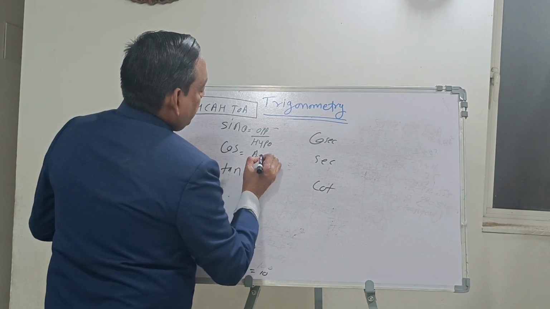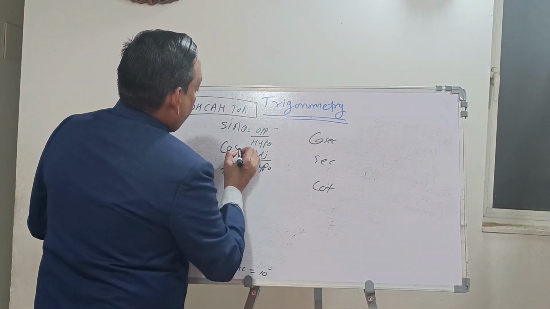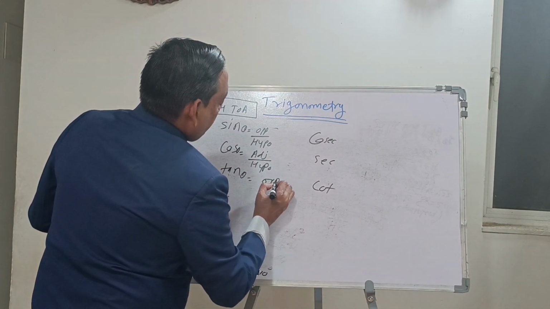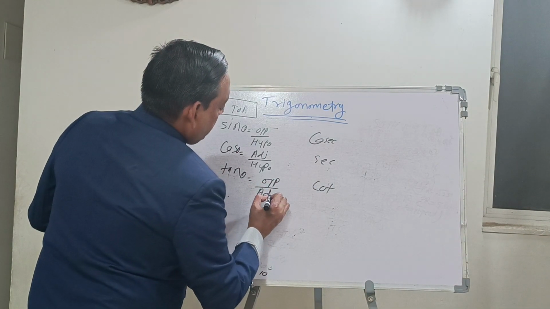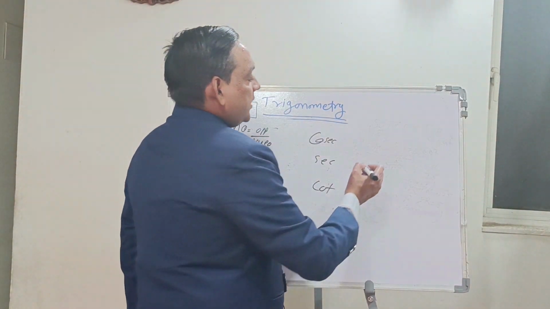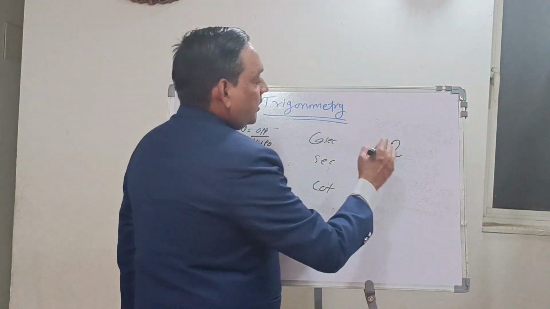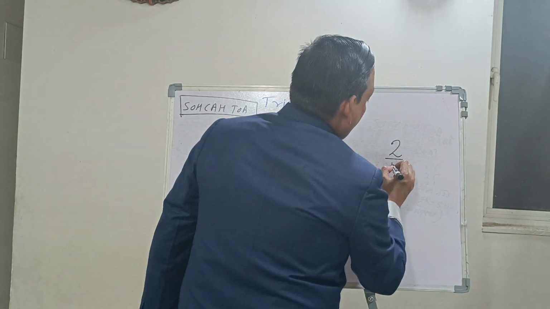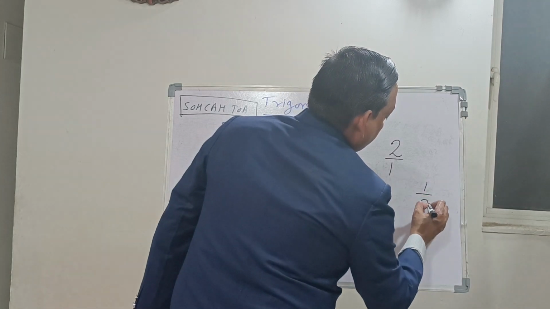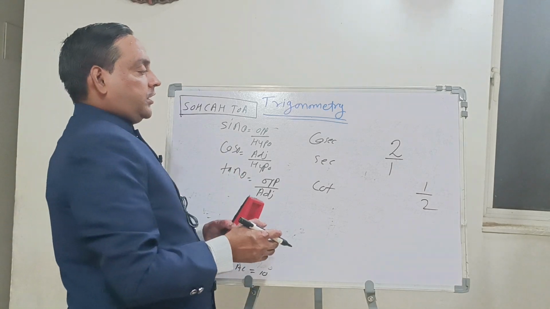Cos is adjacent over hypotenuse, and tan theta is equal to opposite over adjacent. Now you know what is reciprocal. Okay, if I ask you what is the reciprocal of 2, see, 2 is actually 2 upon 1. So the reciprocal of this is nothing but 1 upon 2. The numerator changes to denominator and denominator changes to numerator.